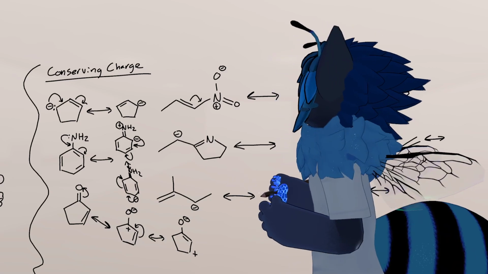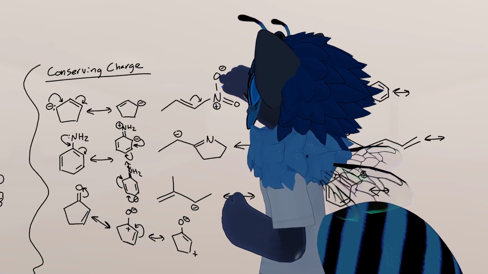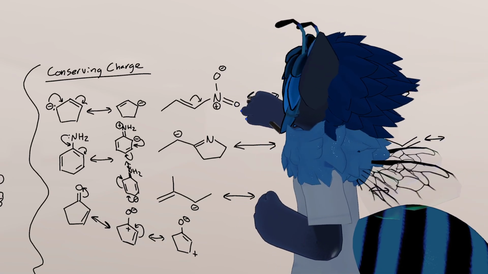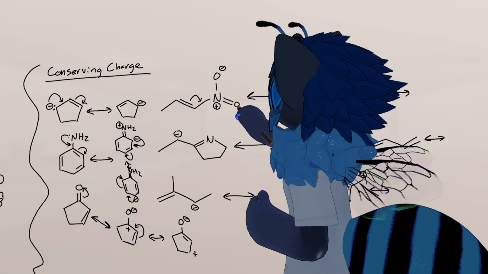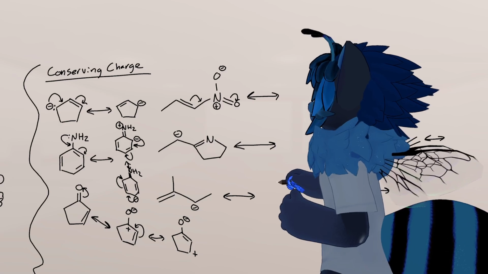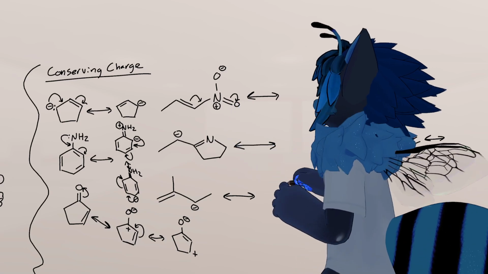Where is one going to break? Well, we can't break a single bond between this N and this O, but there is a double bond here that could become a lone pair for that oxygen. And that's what's going to happen. The double bond here is then going to move to the oxygen to become a lone pair.